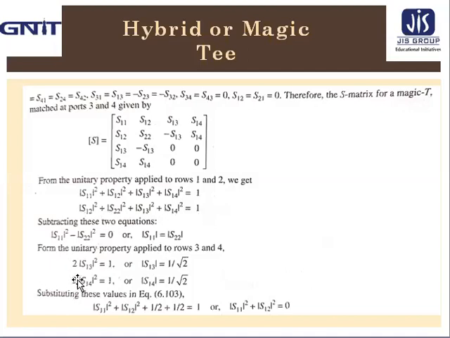And subtracting these two equations, we get that mod of S11 square minus mod of S22 square equal to 0, or mod of S11 equal to mod of S22.